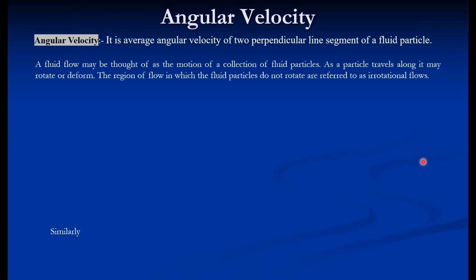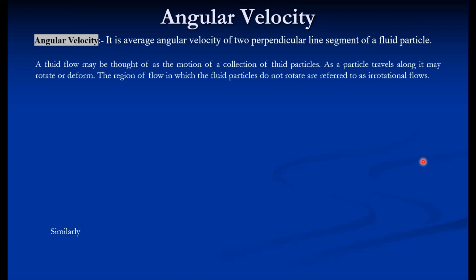The region of the flow in which the fluid particles do not rotate is referred to as an irrotational flow. Rotational flow happens near the boundary. There is a relative motion between the solid surface and fluid, and because of this relative motion, there is a possibility of deformation of fluid particles near the boundary, as well as the rotation of the particle.